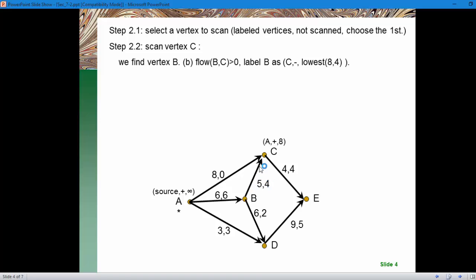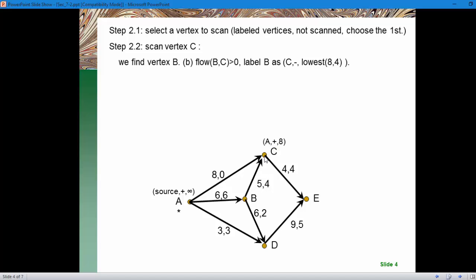So currently along that edge, there are 4 units of flow going in the opposite direction. One way to move flow out of C along this reversed edge is to simply decrease the flow here. And that's exactly what we're going to do.